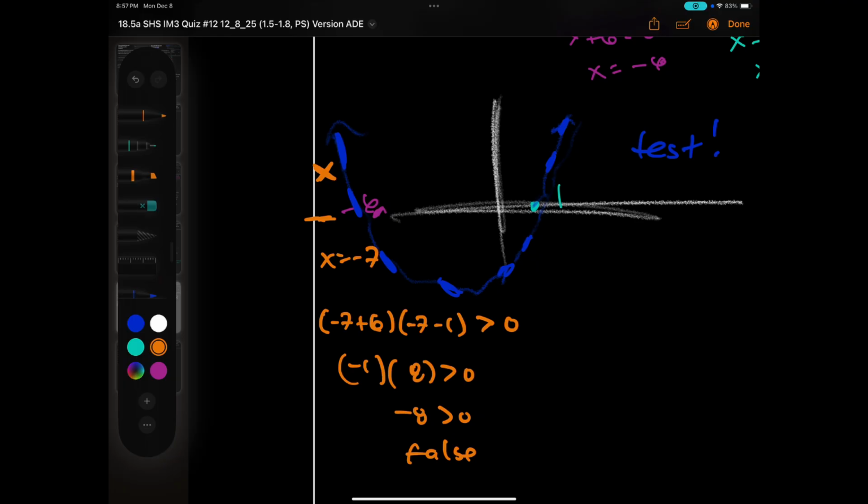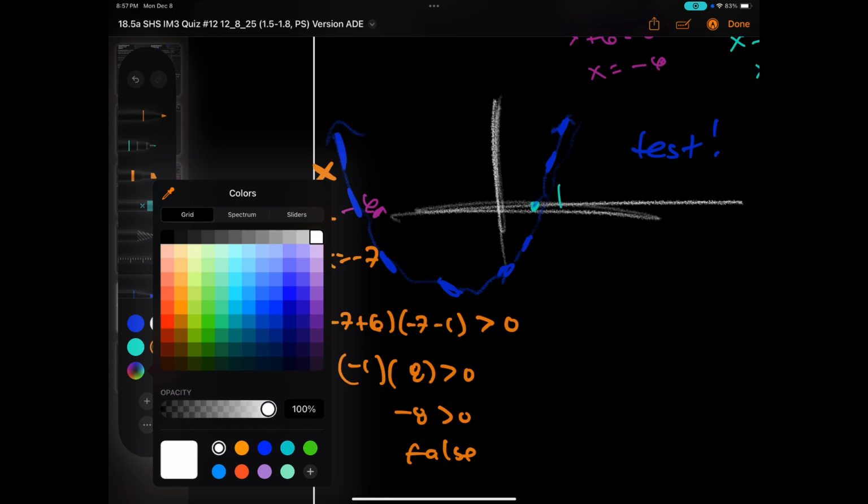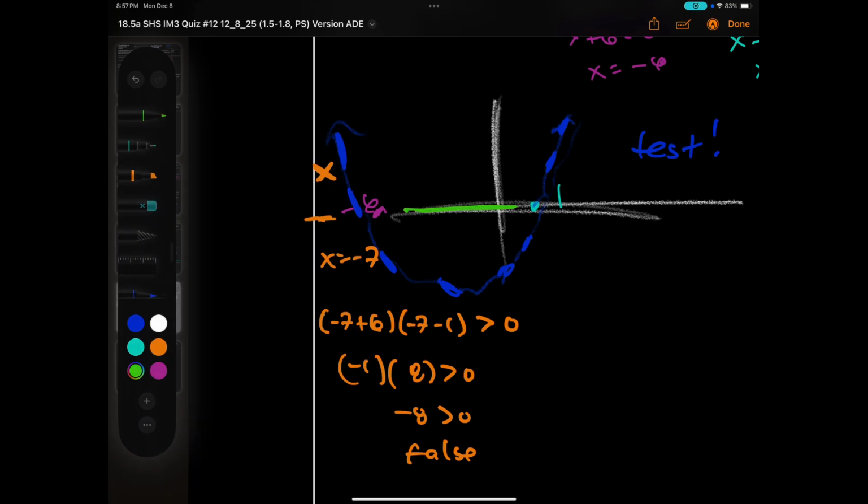Okay, let's test another region, something in the middle. This one has 0, which I like. Let's put it in. 6 times negative 1 is negative 6, greater than 0. What happened?